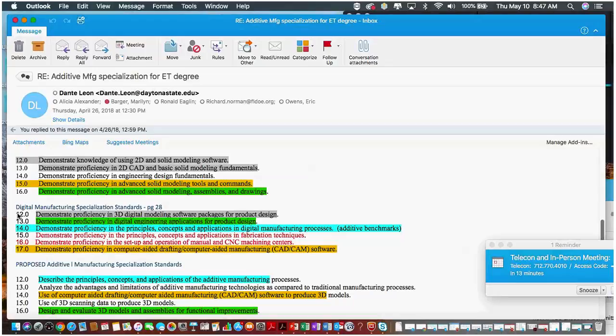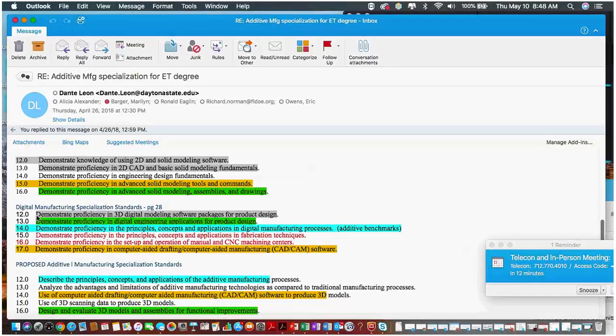And everybody was like, oh, that's awesome, because we'll have everybody there, all the organizations represented. So my suggestion would be, at that time, modify the digital manufacturing specialization, include some of these, so that henceforth it becomes a specialization under the ET degree, but we would have updated the standards and the benchmarks to fit the needs of what you're wanting to do and what other institutions are willing to do.